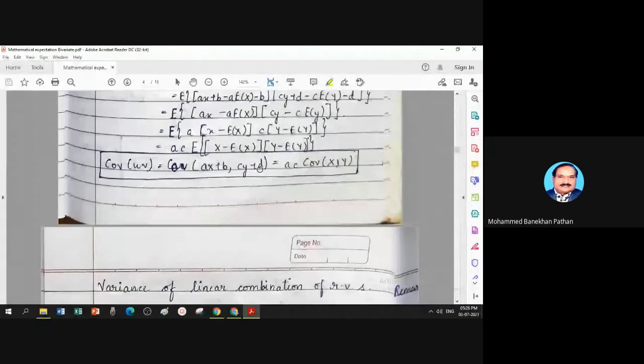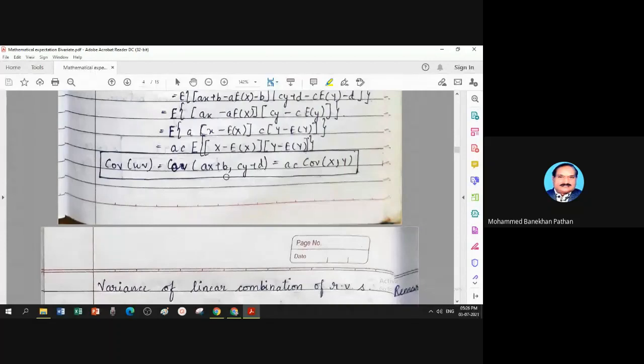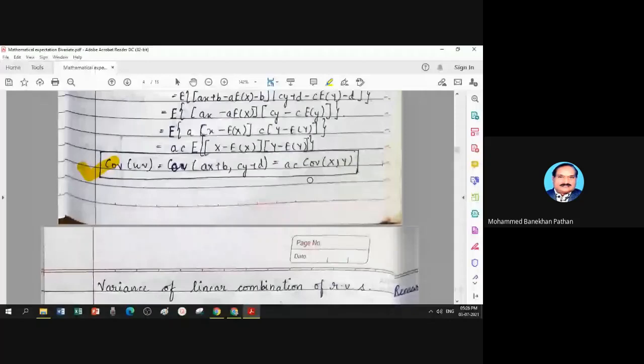So adding a constant in the original data does not affect the covariance, but by multiplying some constant, covariance will be affected. So this is the statement which says covariance depends on the multiplicative factor, not on addition of the constant.